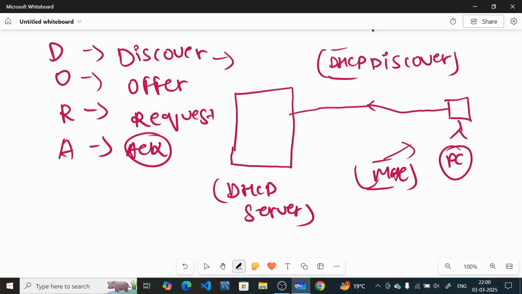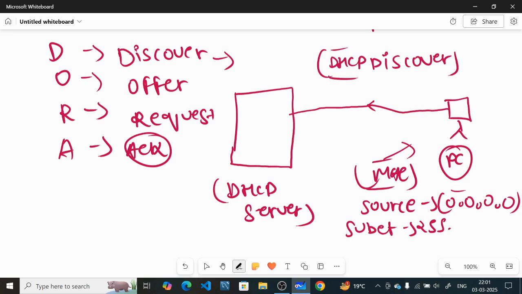The source IP is 0.0.0.0, because my machine doesn't have an IP address. The subnet mask is 255.255.255.255, four times 255, with a dot in each octet. And this packet is a broadcast packet.